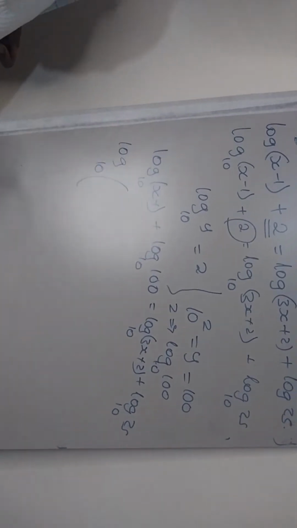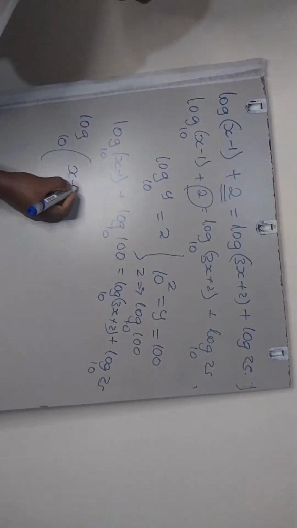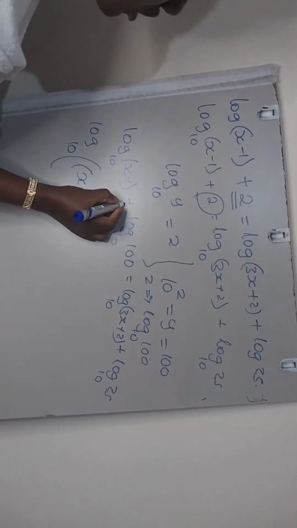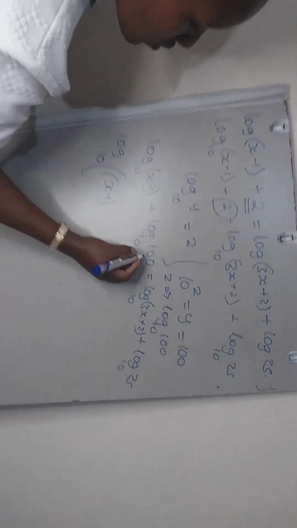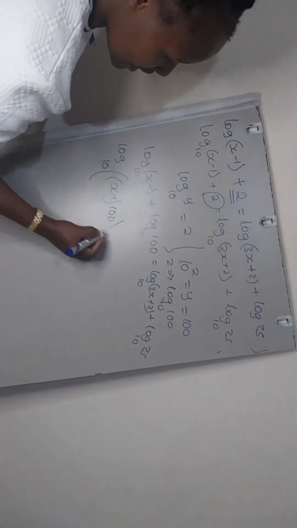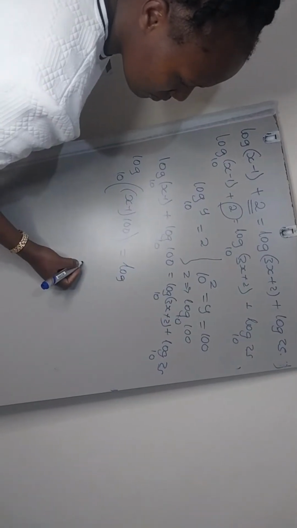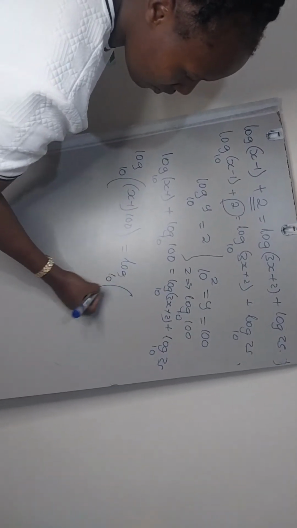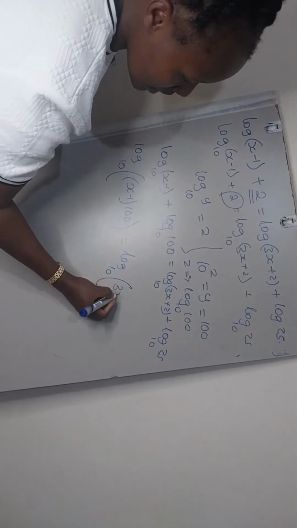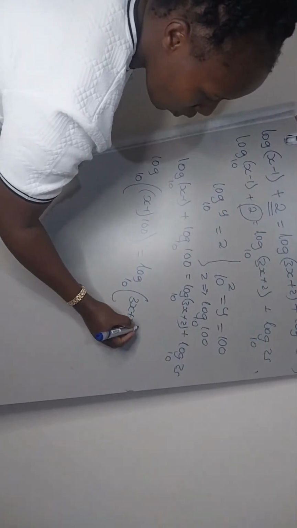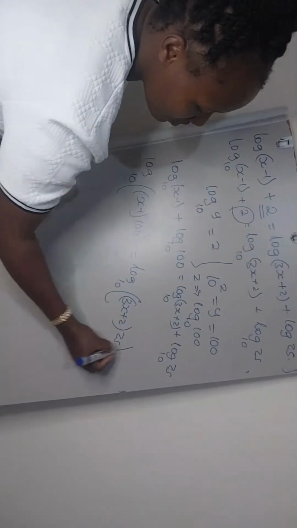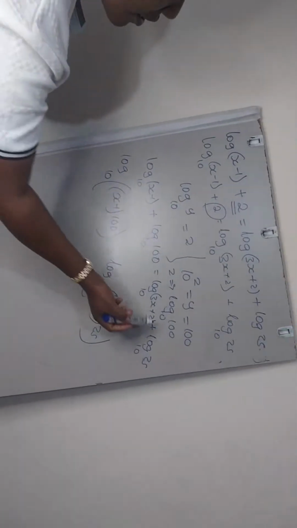What do we have here? (x minus 1) multiplied. Why multiplied? Because of the plus separating the two logs. Multiplied by 100 is equals to log to base 10 of (3x plus 2) multiplied again by 25. Why multiplied? The addition.